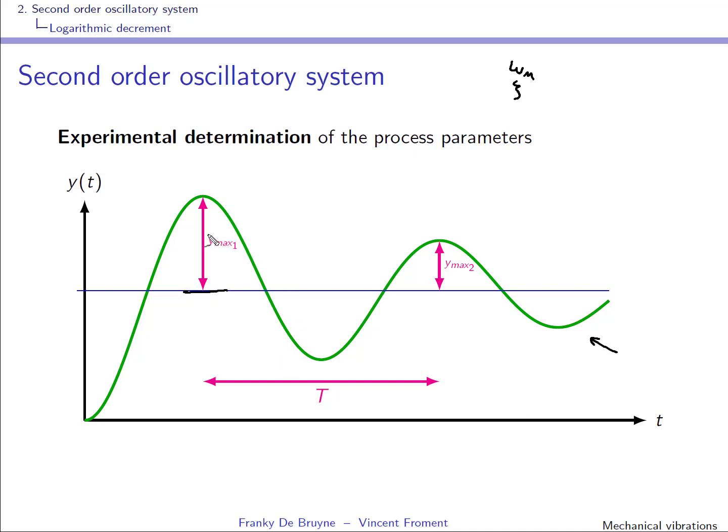Here we have the value of the first peak and the second peak, but you could even look further in time and get, for instance, the value of the kth peak.